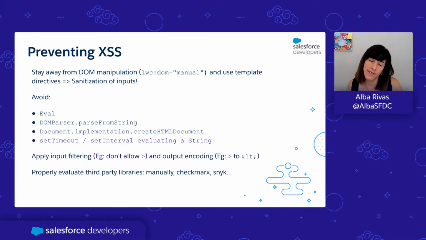Properly evaluate their security. There are many tools, scanners out there that are going to help you understand if your libraries are secure. Right here, I have a couple of examples like Checkmarx or Snyk, but there are many others out there. So that's something that you can consider if you are going to use third-party libraries.